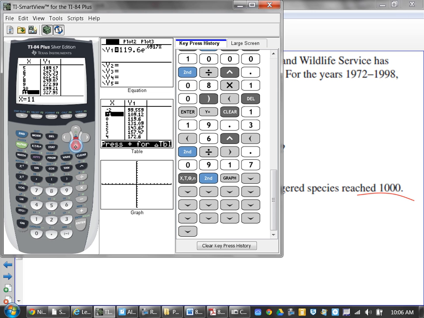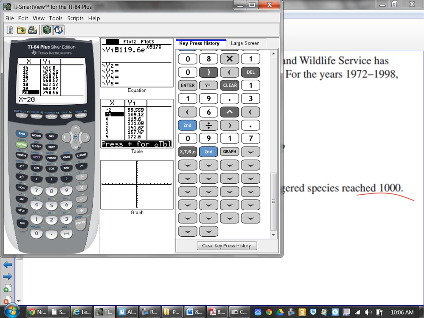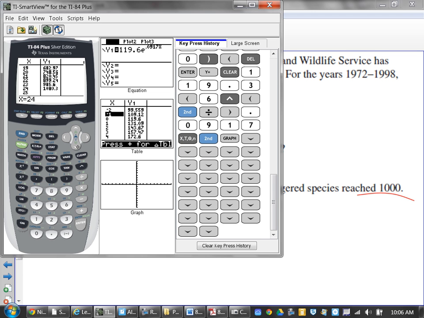That's a lot of scrolling. Can't you just hold the button? So after right about 24 years. No, that's 27. There's 1,000 endangered species now, as opposed to 119.6.